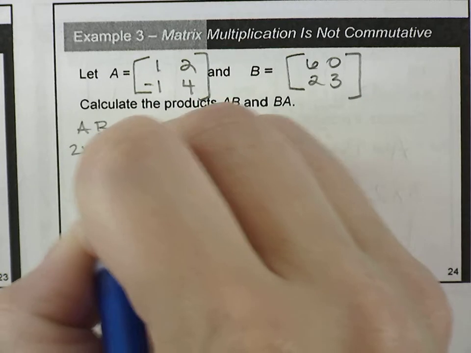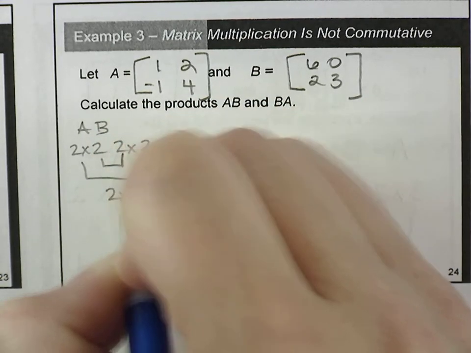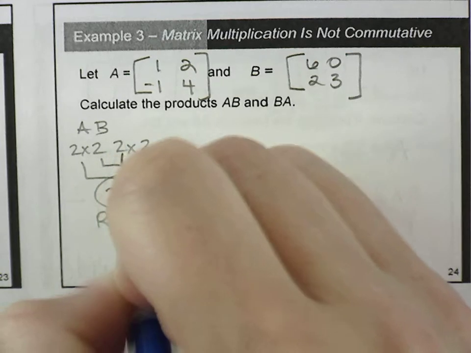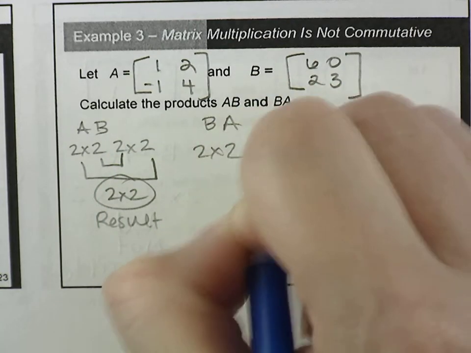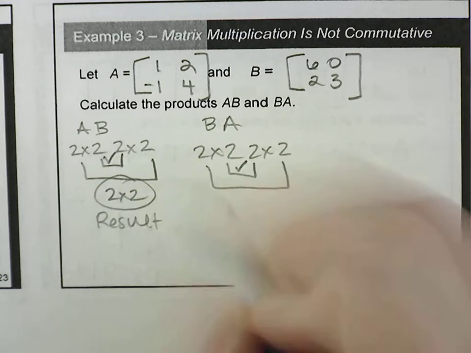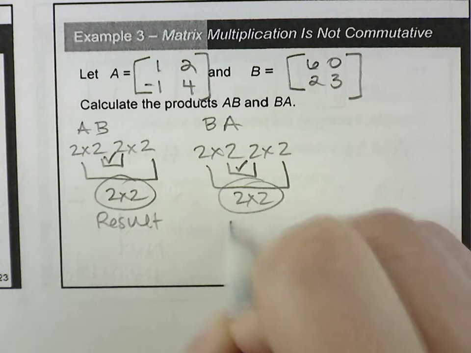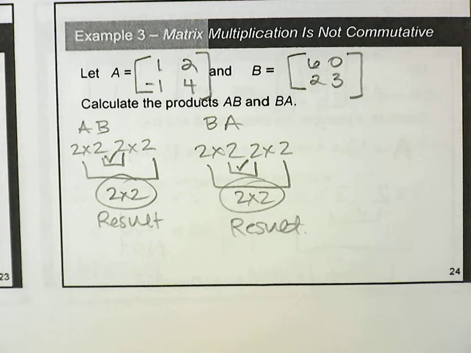If we do AB, it's a 2 by 2 and a 2 by 2, which means your result is going to be 2 by 2. And then for BA, it's going to be the same thing. It's a 2 by 2 and a 2 by 2. So because those check, your result is going to be a 2 by 2. But like I said, we're going to see that they're not going to be the exact same.